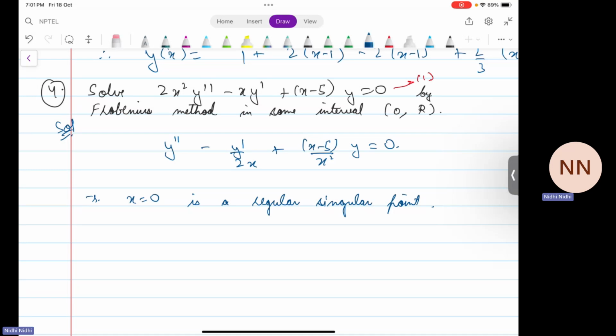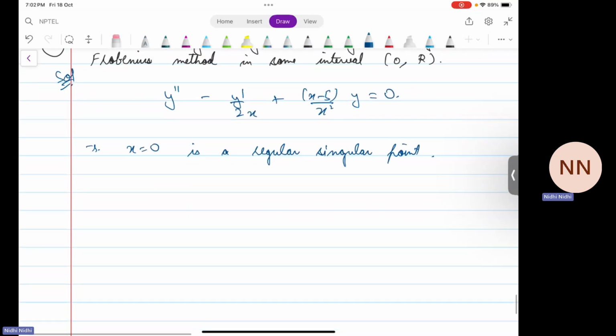So the Frobenius method says that we can find the power series solution of the form, let y(x) equals to summation n from 0 to infinity c_n x to the power n plus r. Then we will try to find this r and the coefficients c_n.